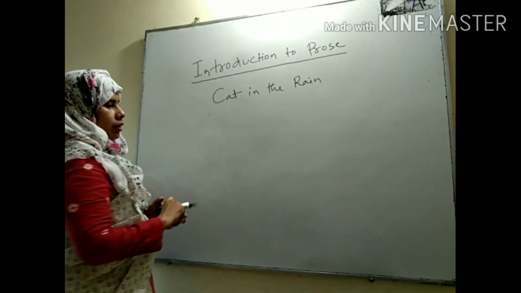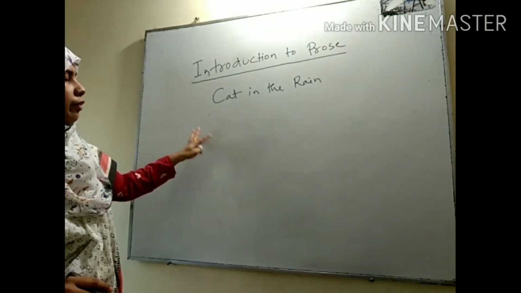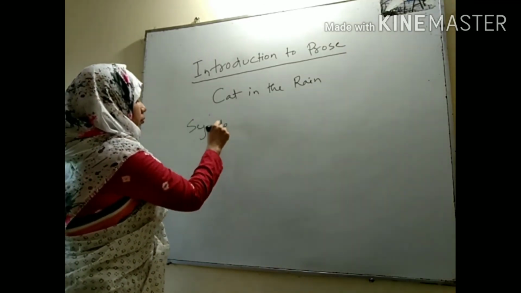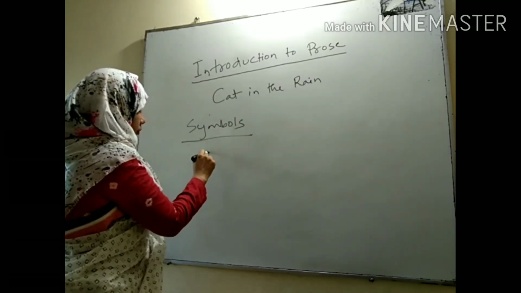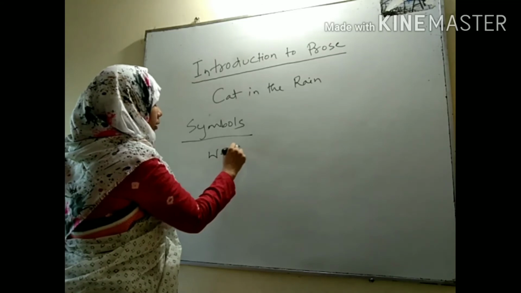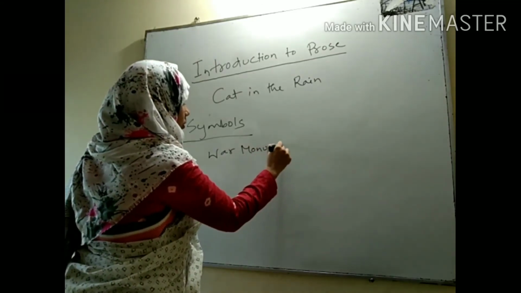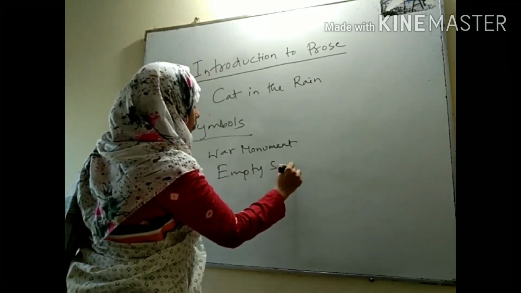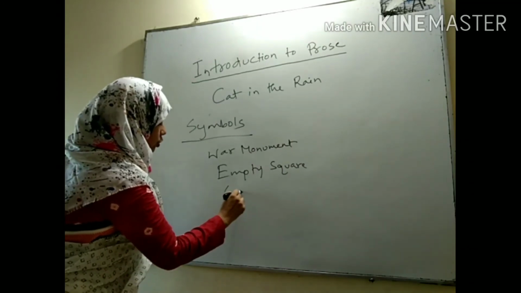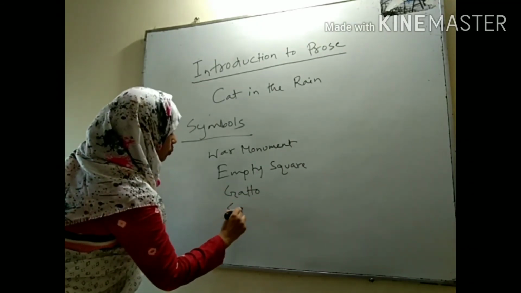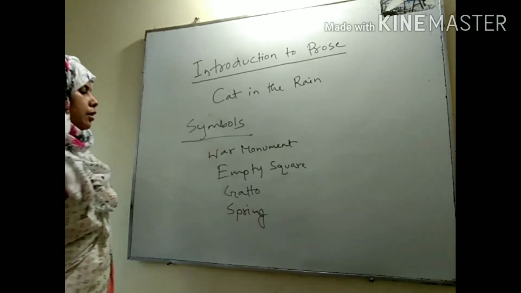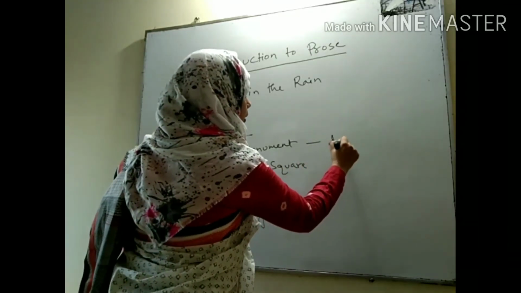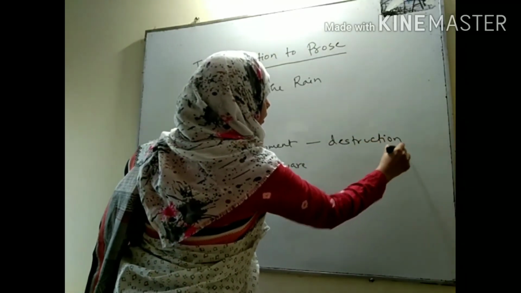You know, at the very beginning of my lecture, I gave you two symbols: War Monument, empty square. So, War Monument, empty square, ghetto, spring. These are important symbols of this story. I told you War Monument symbolizes destruction, death.